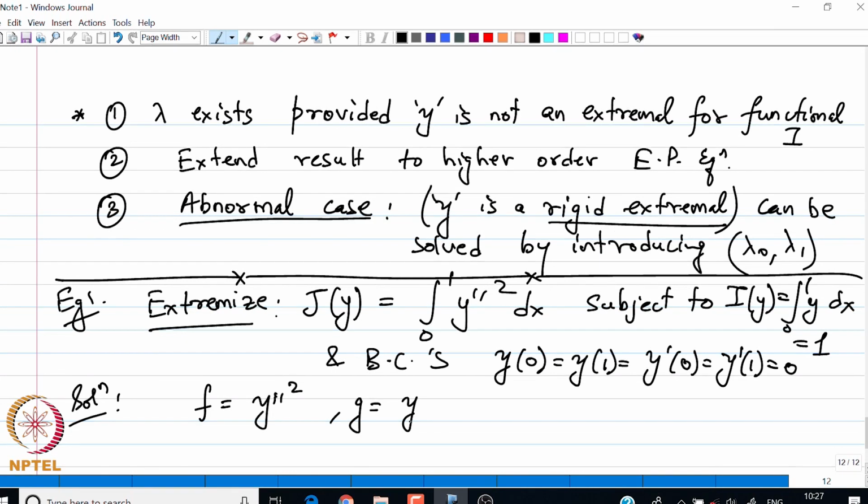Now before I even solve for the extremal, we do not know whether we have an abnormal problem or not, or whether y is a rigid extremal or not. So, we want to eliminate the case of rigid extremal. Let us check for rigid extremals.